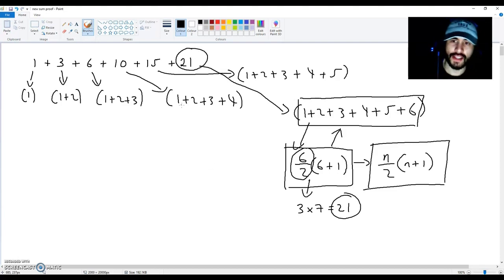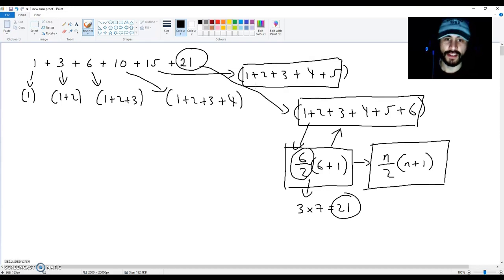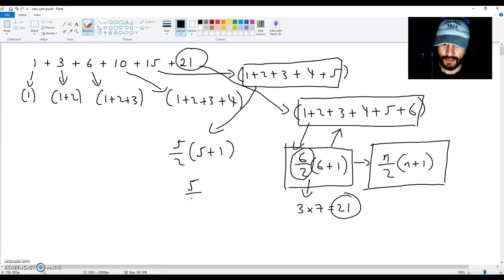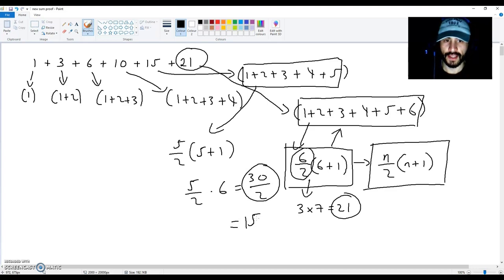Now let's try the same thing for 1 plus 2 plus 3 plus 4 plus 5 over here. I'm going to say that this is 5 over 2 multiplied by 5 plus 1. Now what is this? It's going to be 5 over 2 times 6, so that is 30 over 2, and 30 over 2 is equal to 15.